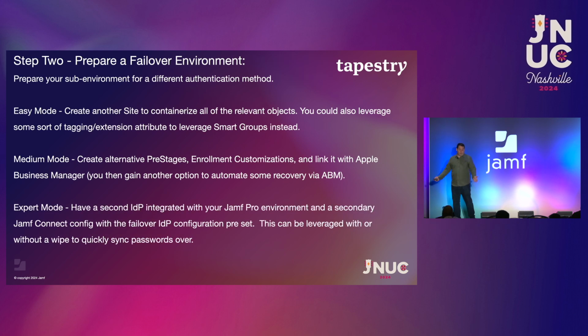And then, again, layering on that, you can use Jamf Connect. And the great thing about Jamf Connect Basic is that you can have these pre-staged and ready and configured. So if you didn't have the appetite to lose data, but let's just say Microsoft's having an outage in an area, you could just move those devices over, either automated with a script or manually through the GUI, move them to this other site, reassign them.